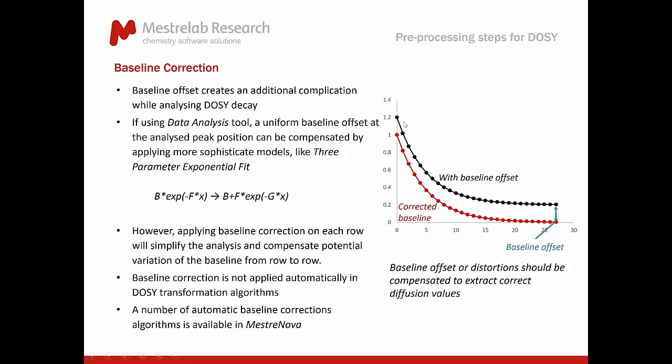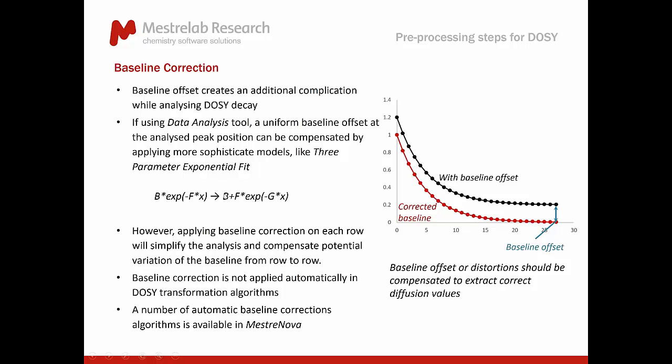And if you still try to fit it with a normal mono-exponential decay, like the decay here with two adjustment coefficients B and F, then you get a pretty wrong result for the diffusion coefficient and a pretty high error margin, so broad peaks and wrong position in the DOSY experiment. If you're doing a manual analysis, like in data analysis, of course you can add another coefficient in here, like offset, which describes the baseline offset, which should give you the right diffusion coefficient, G in this case.